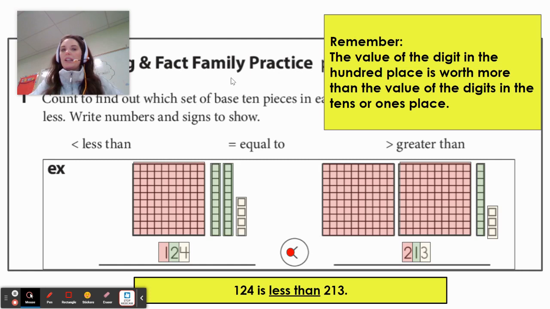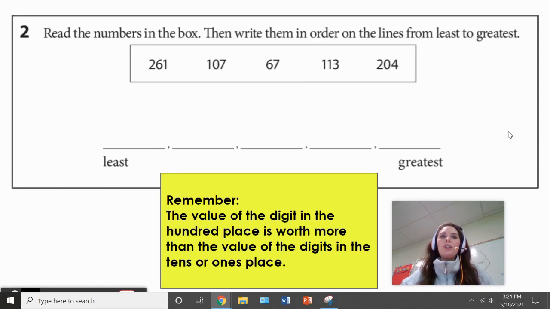So you're going to complete those questions for number 1. After you finish those, you will move on to number 2. It reads, read the numbers in the box, then write them in order on the lines from least to greatest.